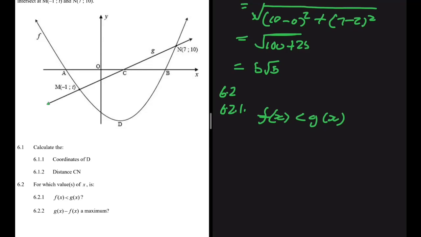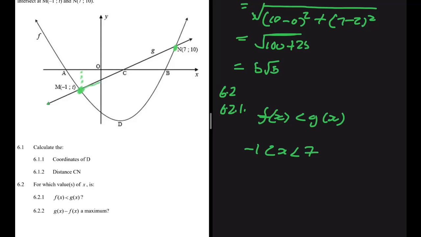We can see that between the x value of m and the x value of this point n here, our graph g of x is above f of x. So we can say that from minus 1 to just slightly less than 7, g of x is greater than f of x.